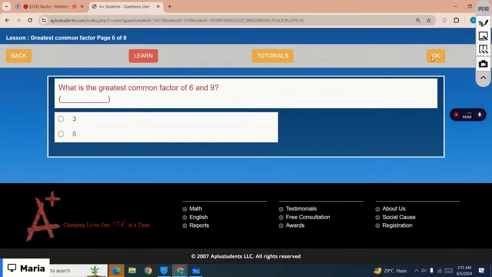What is the greatest common factor of 6 and 9? Which is the correct option?